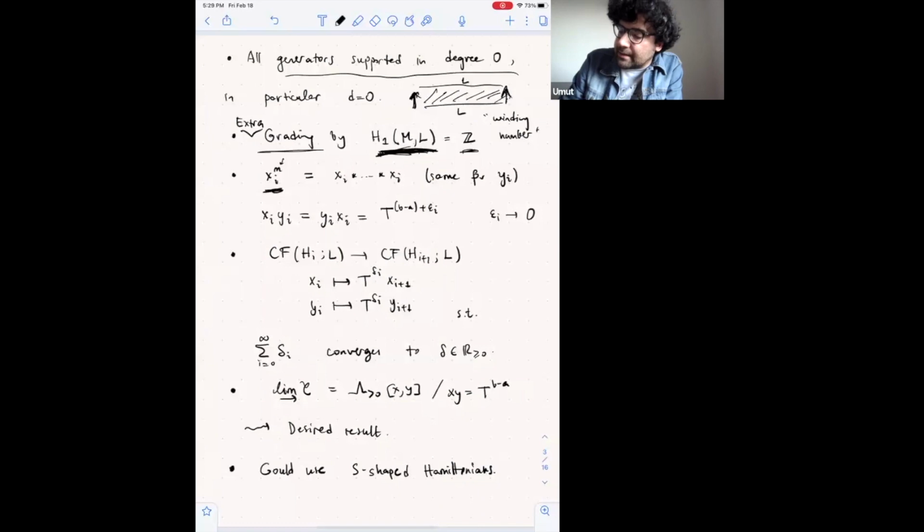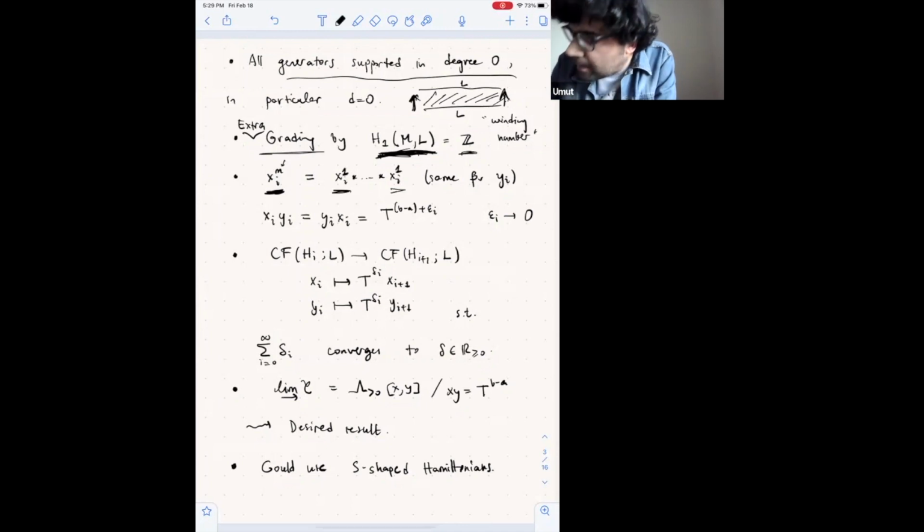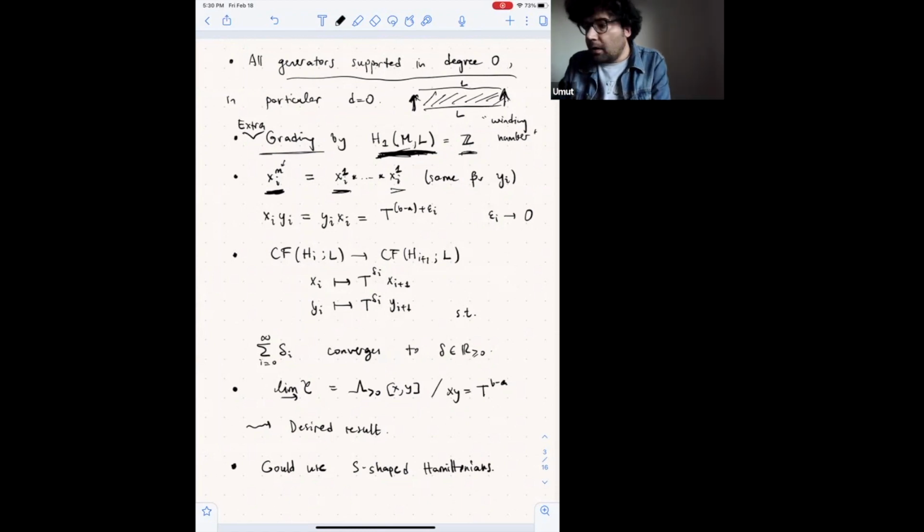I represent it like this, and this is an intentional choice, because this generator x_i^m is nothing but x_i^1 multiplied with itself m times with the pair of pants product. This is something you have to prove. It's not completely obvious, and you can say the same thing with the y's. And you can also prove that these generators actually commute.